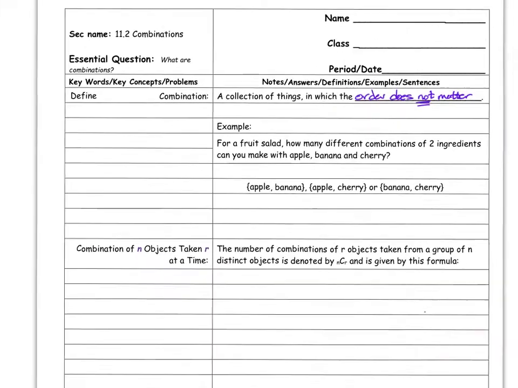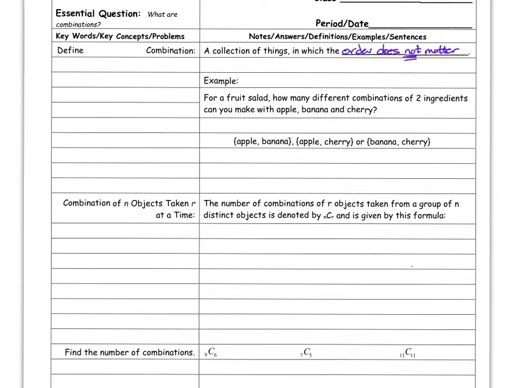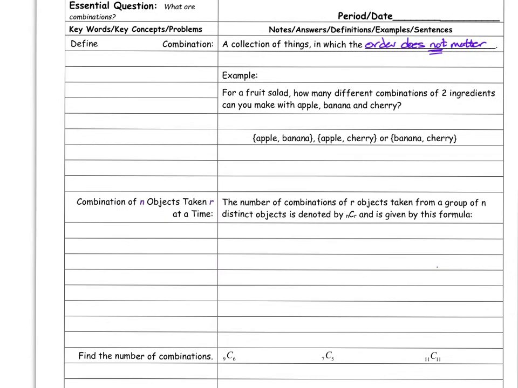So now we're going to go on to another definition. Combinations of n objects taken r at a time. The number of combinations of r objects taken from a group of n distinct objects is denoted by nCr and is given by this formula. nCr equals n factorial over n minus r factorial, times r factorial.